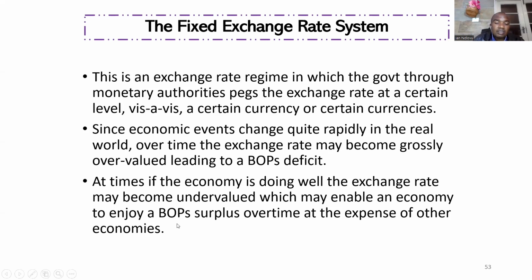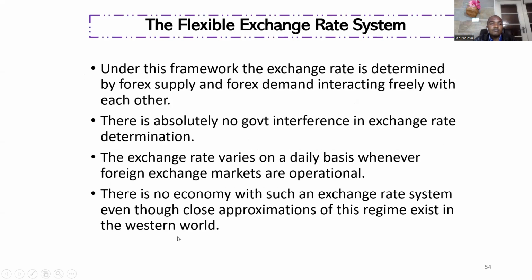This is what caused the United States to retaliate in terms of tariffs during the time when Donald Trump was president of the US.